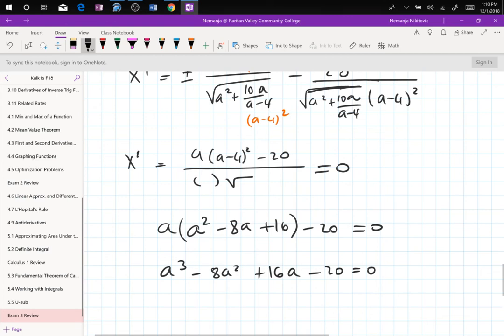Solve x cubed minus 8x squared plus 16x minus 20 equal to 0.